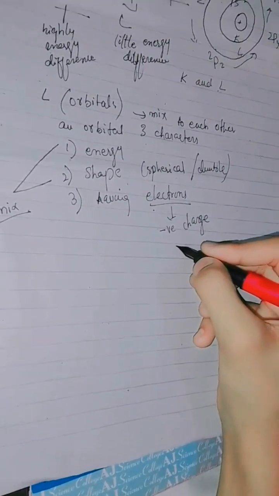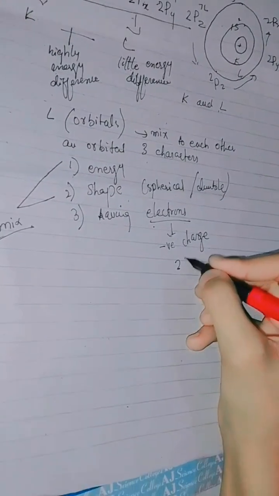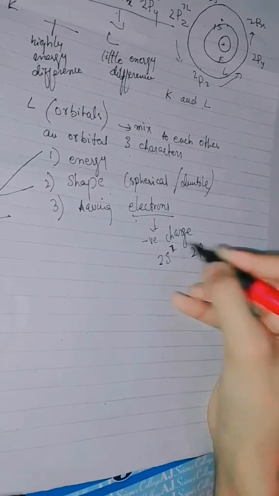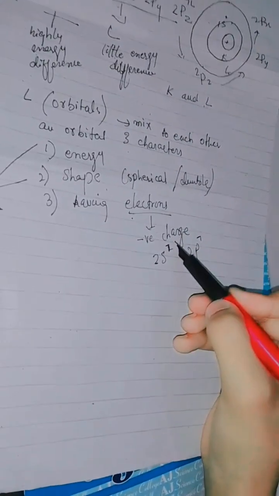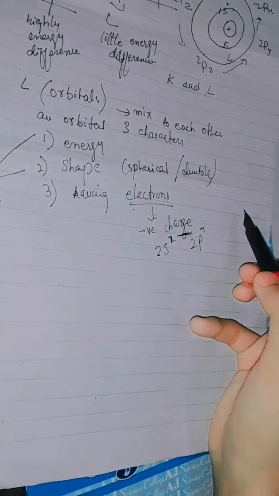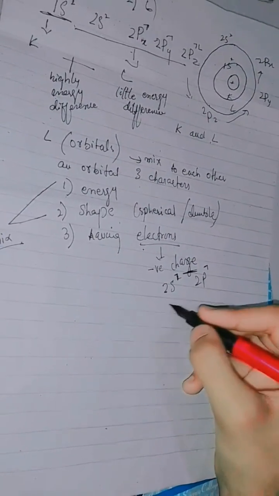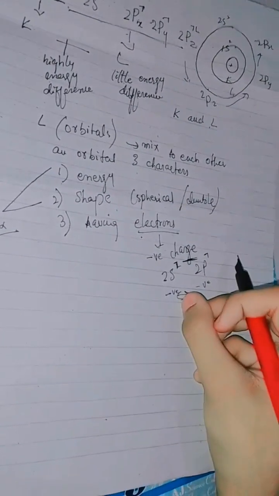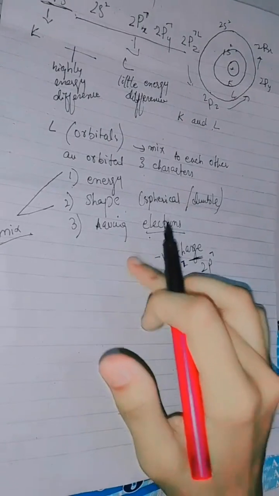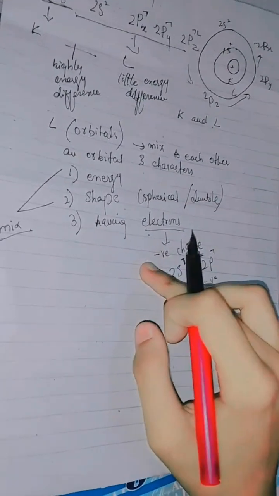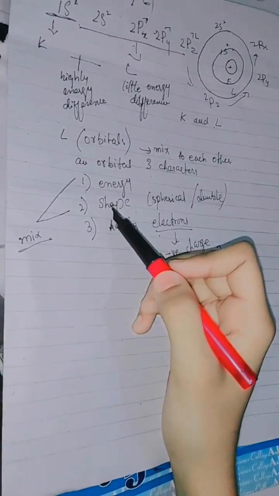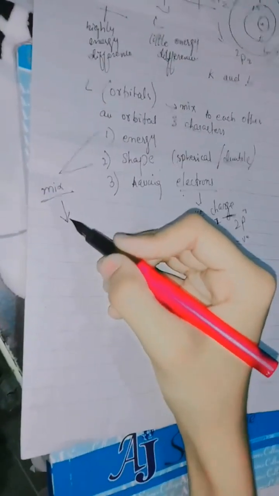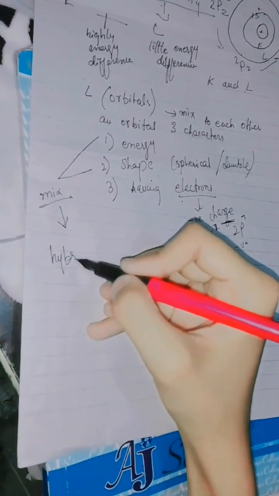For example, in 2s2 or 2p, here it has an electron and there it has an electron. Same charges repel each other, so they cannot mix. That is why electrons do not participate in mixing or sharing. Only energy and shape mix together, and that mixing is known as hybridization.